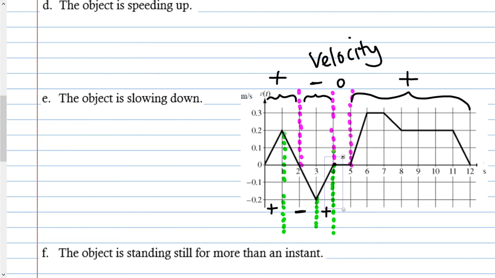So positive. From 4 to 5, nothing, I forgot to change the highlighter. I need highlighter. Okay, from 4 to 5, nothing's happening because we're at rest. So we're at rest, therefore acceleration is 0. It's not accelerating, right?